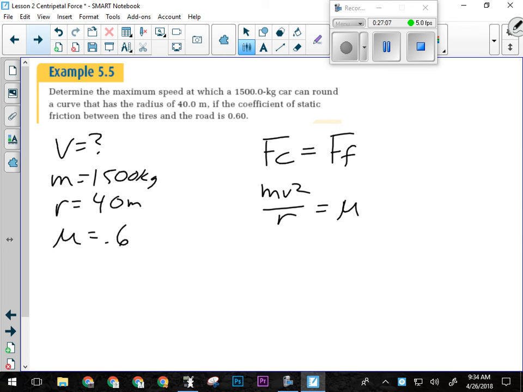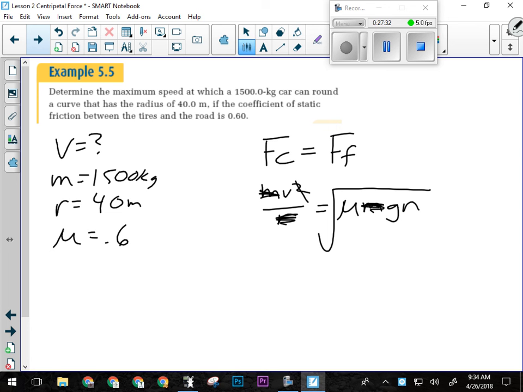But since it's flat, normal force is equal to gravity, so we got m times g. So if we're looking for v, we multiply both sides by r, divide both sides by m, which makes m cancel because it's on both sides, and then we got a square root. And this is what we got the other day.